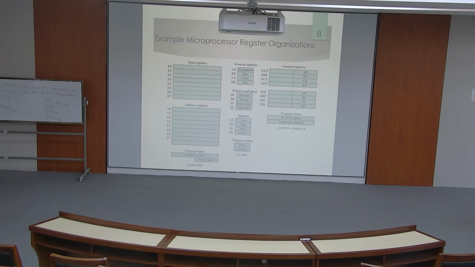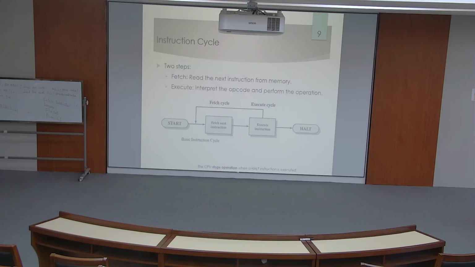For the 80386, we have general purpose registers as for the 8086 microprocessor, but they are extended: extended accumulator register, extended base register, counter register, data register. So it's better that we have learned the 8086 microprocessor register organization, to give us an idea about the organization of other registers.